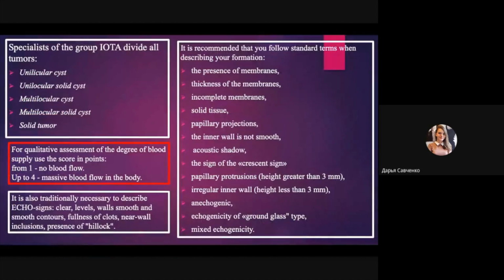Specialists of the group IOTA divided all tumors into: unilocular cyst, unilocular solid cyst, multilocular cyst, multilocular solid cyst, and solid tumors. It is recommended that you follow standard terms when describing formations: the presence of membranes, incomplete membranes, solid tissue, papillary projections, and others.